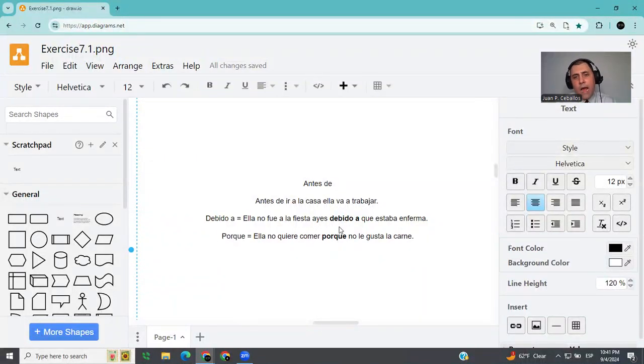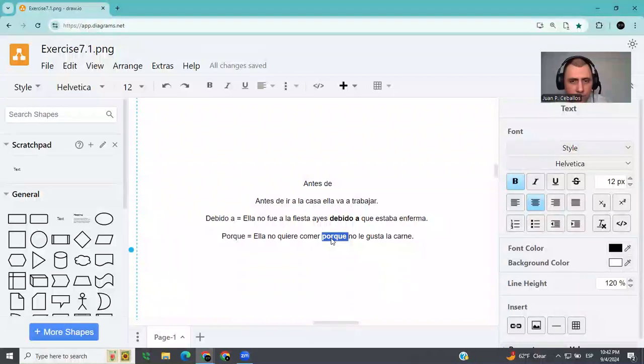But you can think of because in English as having different meanings. You can say because as due to, or because of. And this other one is to give an explanation or to answer questions. She doesn't like to eat meat for the reason that it's an explanation.